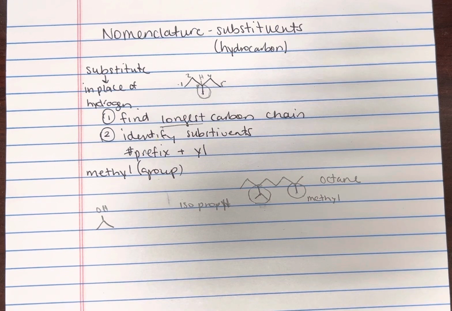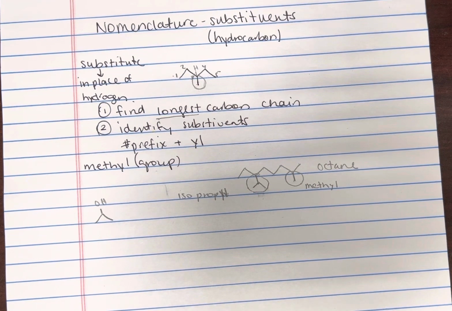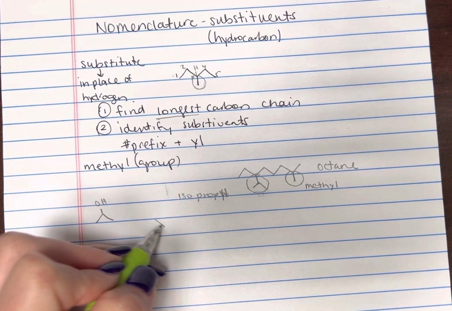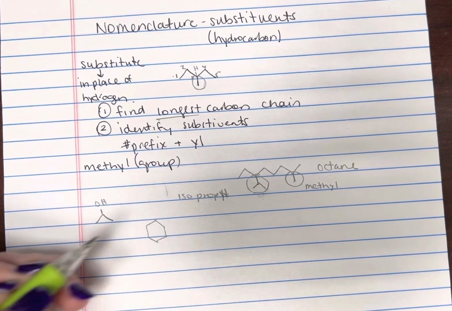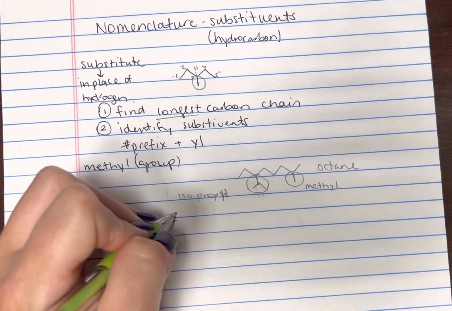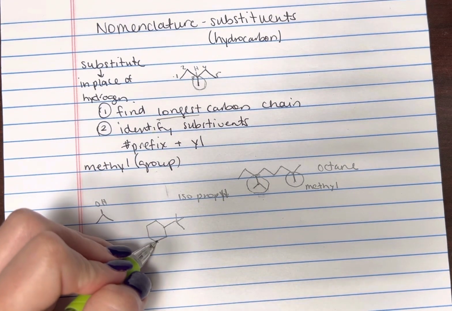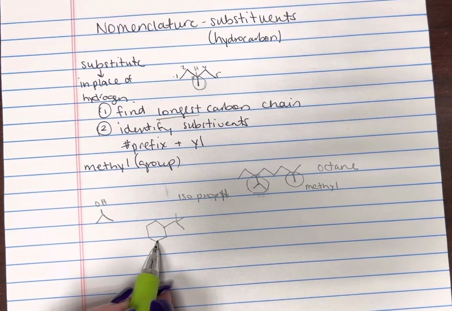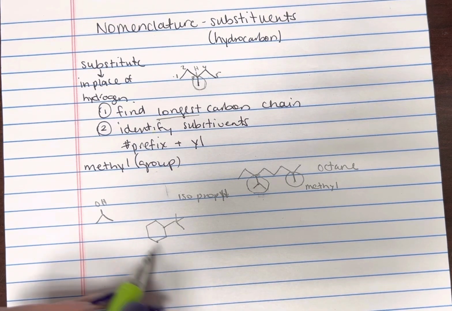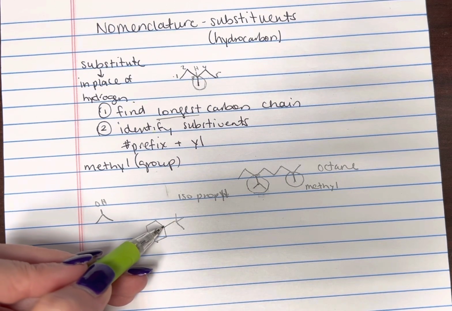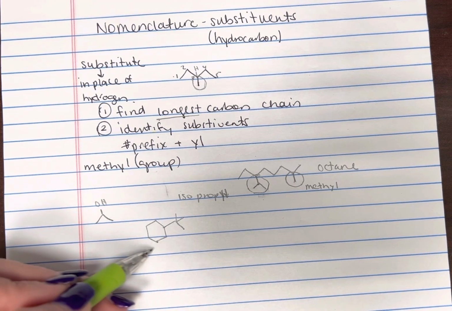Hopefully that helps. All right, let's try one more. I know my video is getting a little long. You're probably not with me. All right, so what if we have this? Okay. Now, here it's really tricky. So we have a ring.